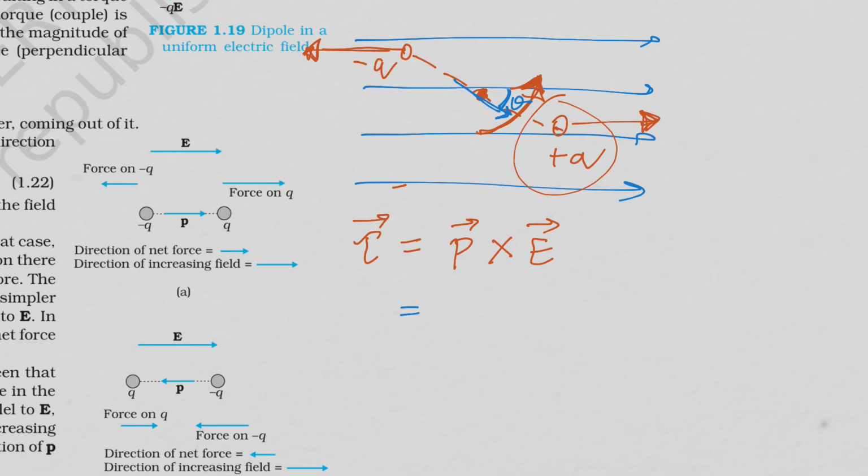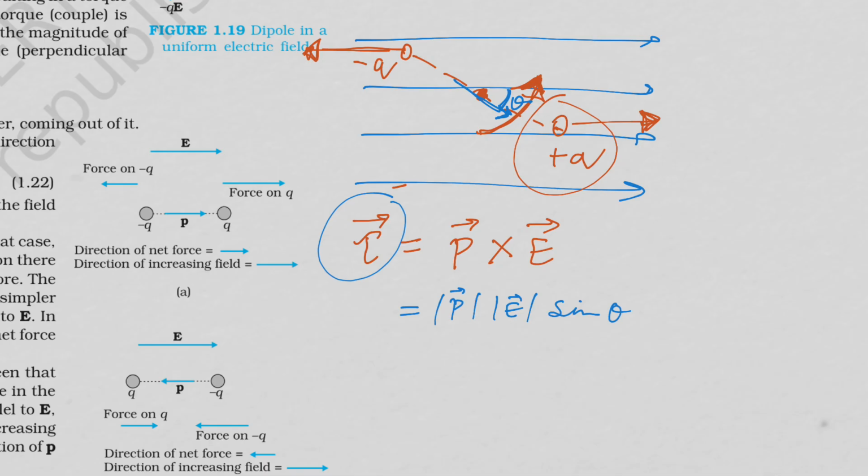So when we talk about tau or the torque, we are doing the cross product, which means we multiply the magnitudes of both these quantities P and E, and then we use sine theta, okay.